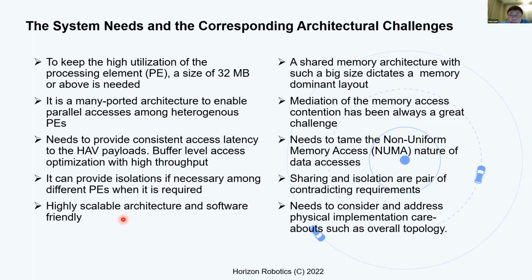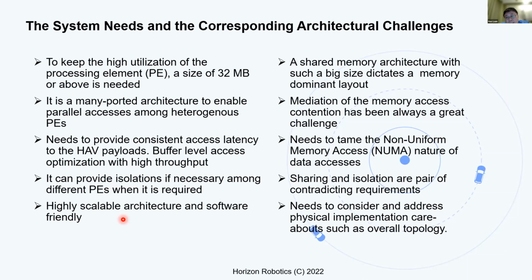Of course, for any engineering practice, we need a very scalable architecture. One is from the physical implementation perspective, and secondly, so that we can easily migrate the same architecture from one product to the next, and from one technology node to another.